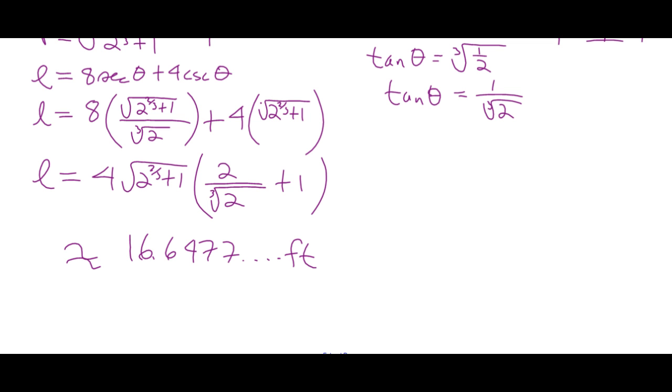So a little over 16.6 feet, which is greater than 4 and greater than 8. So that's our maximum length of ladder. To be reasonably safe, you could get a 16-foot ladder around that corner. Even 16 and a half.